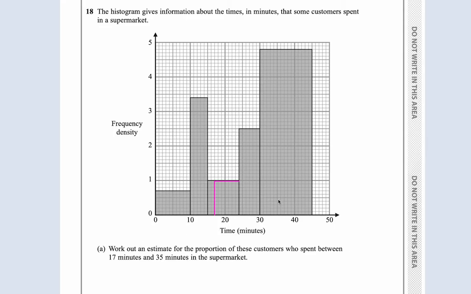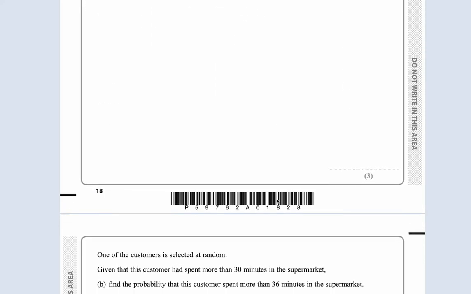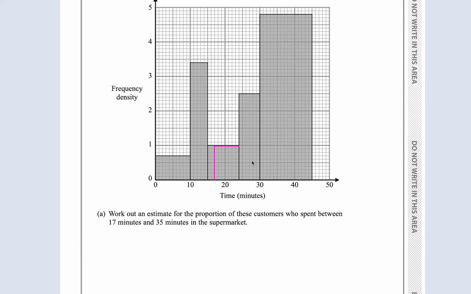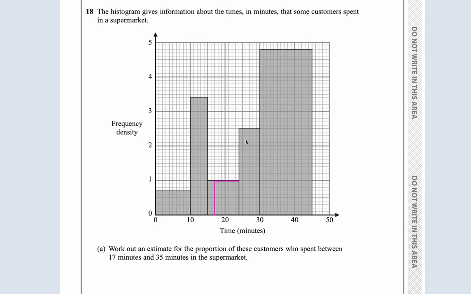And we need to go to 35. Let me just check how many marks this is, guys. This is 3 marks just for this first part. I need to go to 35. So it's this.